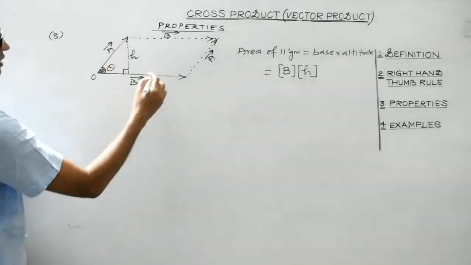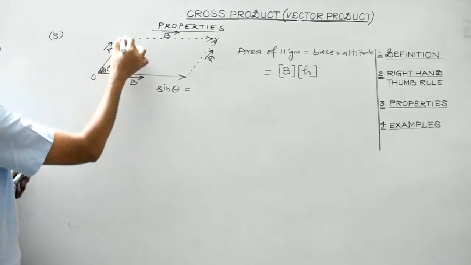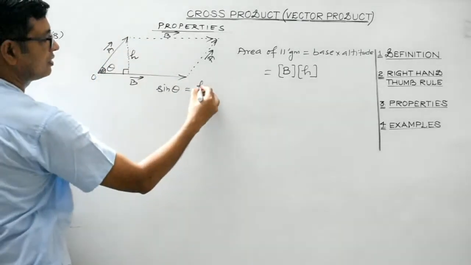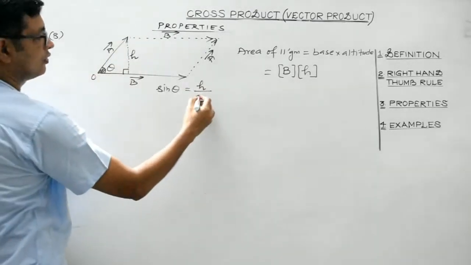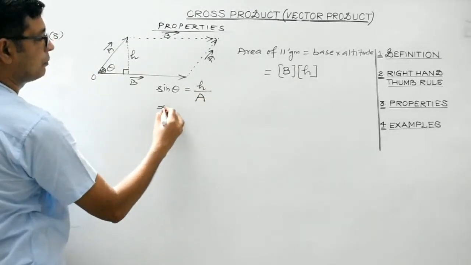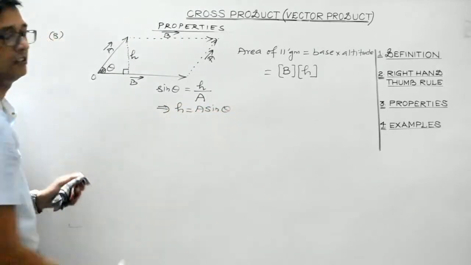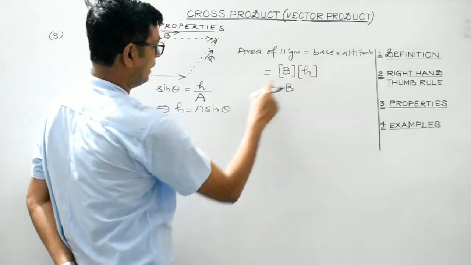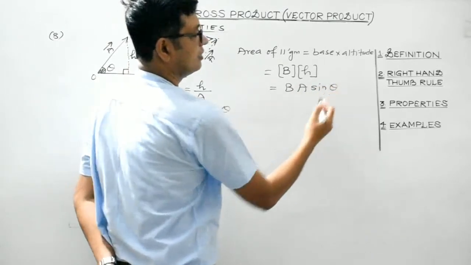Now, in this triangle, we can consider sine theta. This is a right angle triangle. Sine theta is perpendicular by hypotenuse. The magnitude of perpendicular is h. The magnitude of this hypotenuse is a units, which implies that h is equal to a sine theta. Clear, students?